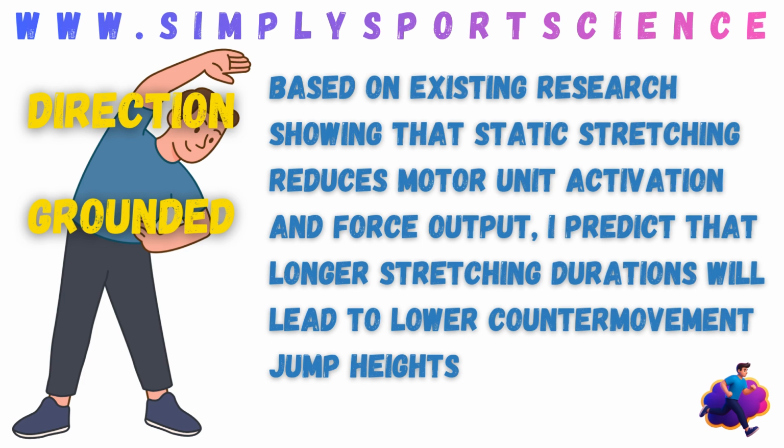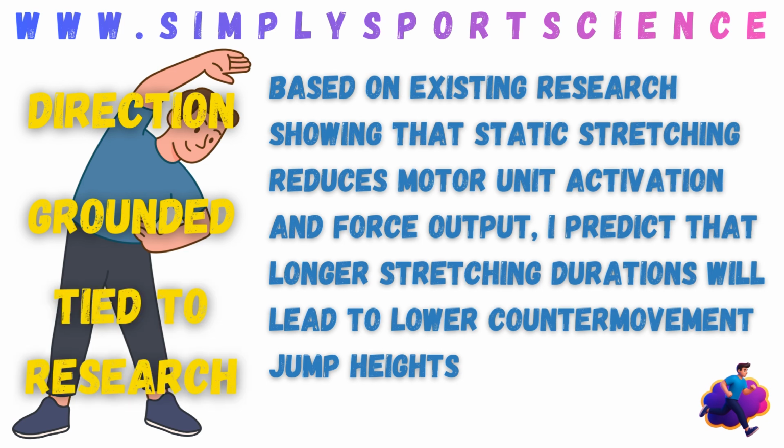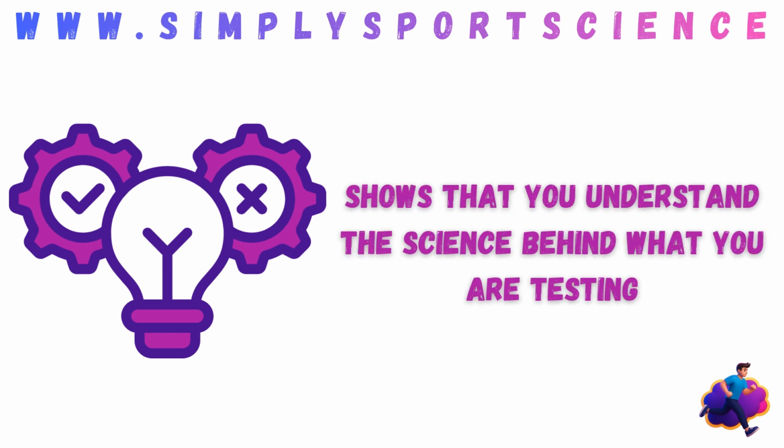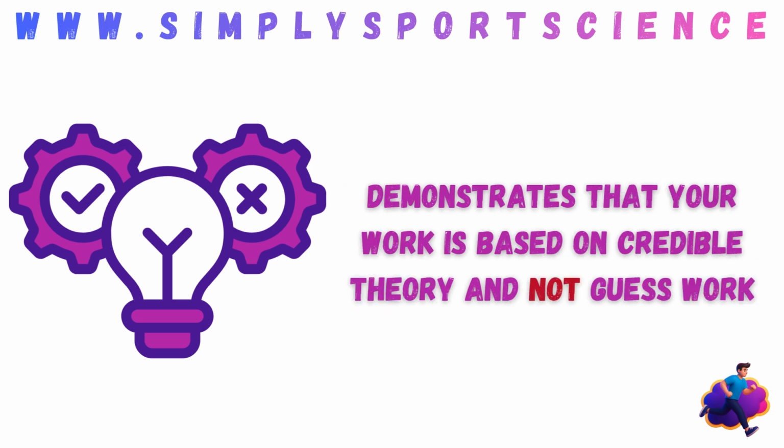It's grounded in real scientific principles and it ties directly back to the research question. The hypothesis itself isn't formally marked, but having a clear, well-reasoned one really strengthens the overall design of your investigation. It shows the examiner that you understand the science behind what you're testing and that your experiment is based on credible theory, not guesswork.